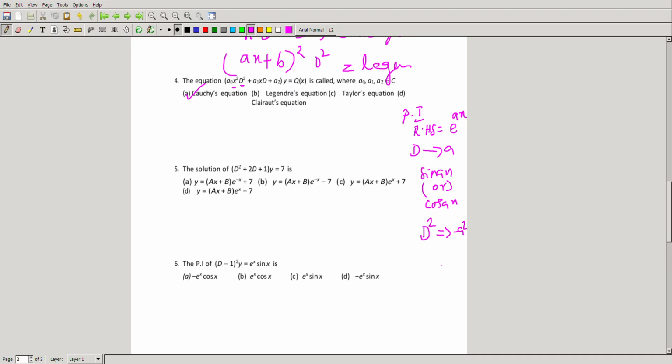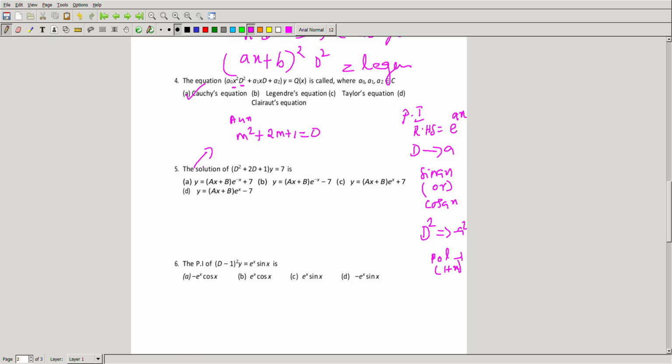If the RHS is a polynomial, you have to bring the binomial expansion formulas. Now it is 7, RHS is equal to 7. They are asking for the solution of this problem. First, for this problem, write the auxiliary equation, that is m square plus 2m plus 1 equal to 0.